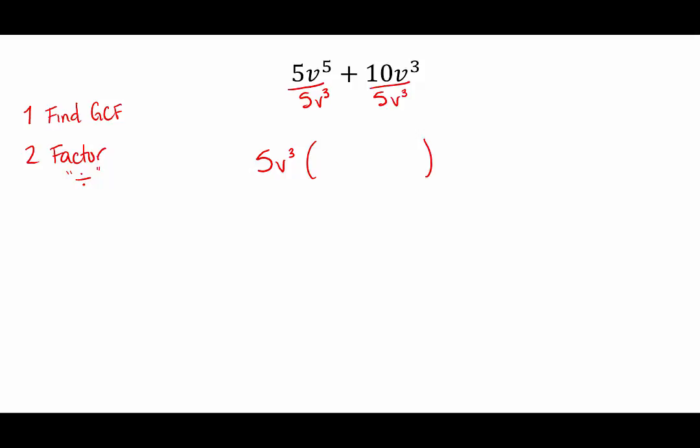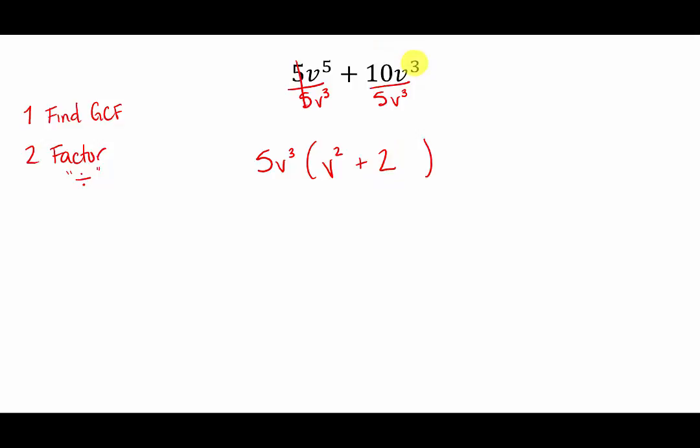So when we divide this first term, 5 divided by 5, that reduces to 1. V to the 5th divided by v cubed, exponent properties say we subtract. So 5 minus 3 would be v squared. Plus, and then my coefficients again, 10 divided by 5 is 2.